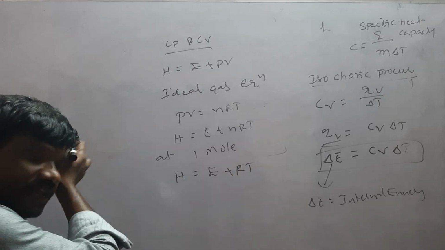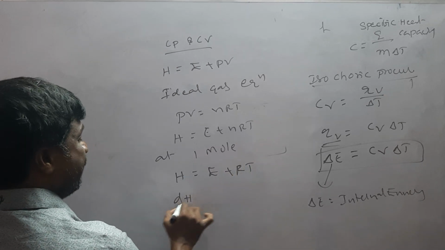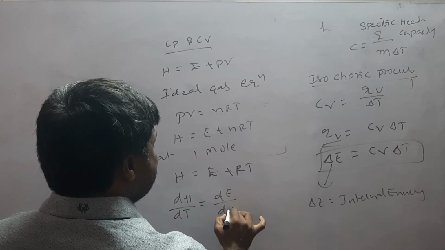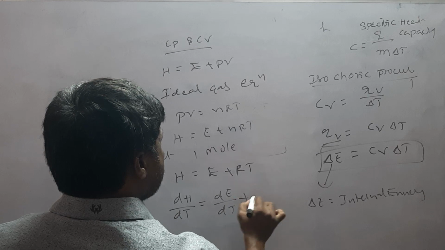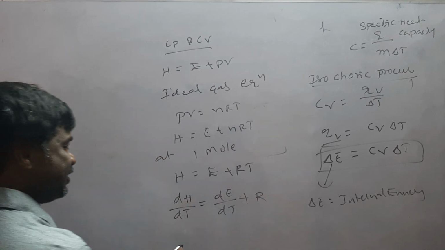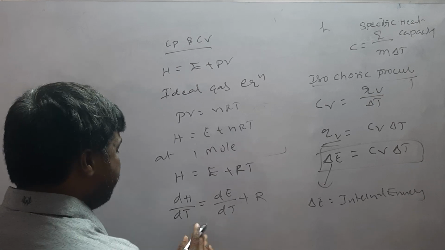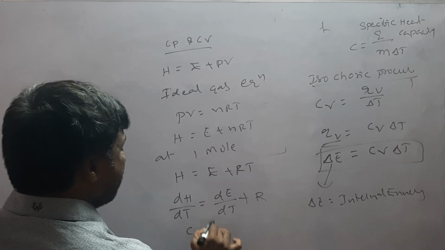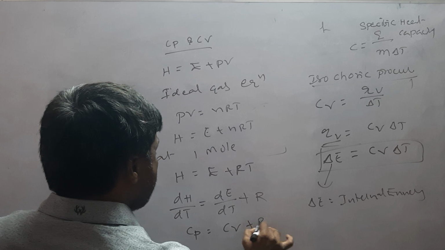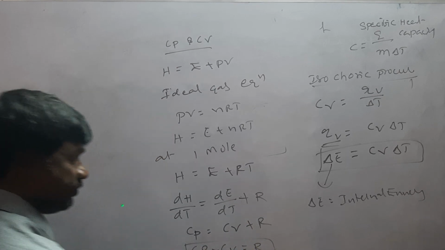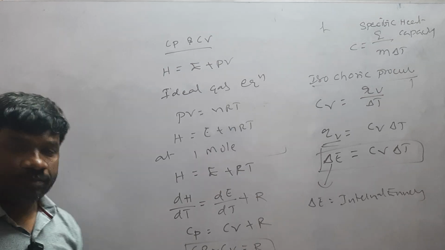Now we differentiate with respect to temperature: dH by dT equals dE by dT plus R. dH by dT, the enthalpy change, is Cp, and dE by dT is Cv. So Cp minus Cv equals R. This is the relationship between Cp and Cv.